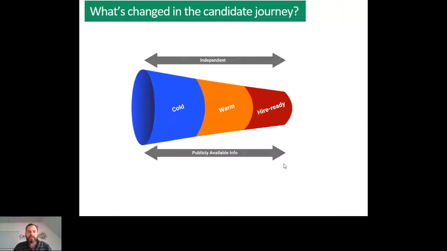We need to understand what those people are doing, laying out candidate journeys, laying out content that's going to be useful and relevant for those people, and being able to track and score what they're doing means that we know which people are cold, warm, and hire ready, and that saves recruiters a lot of time.